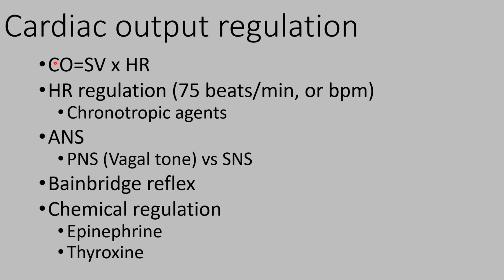So those were factors that affected stroke volume. But the other way that we can impact or regulate cardiac output is by regulating heart rate. So let's talk heart rate regulation. The average healthy adult white male has a resting heart rate of 75 beats per minute.